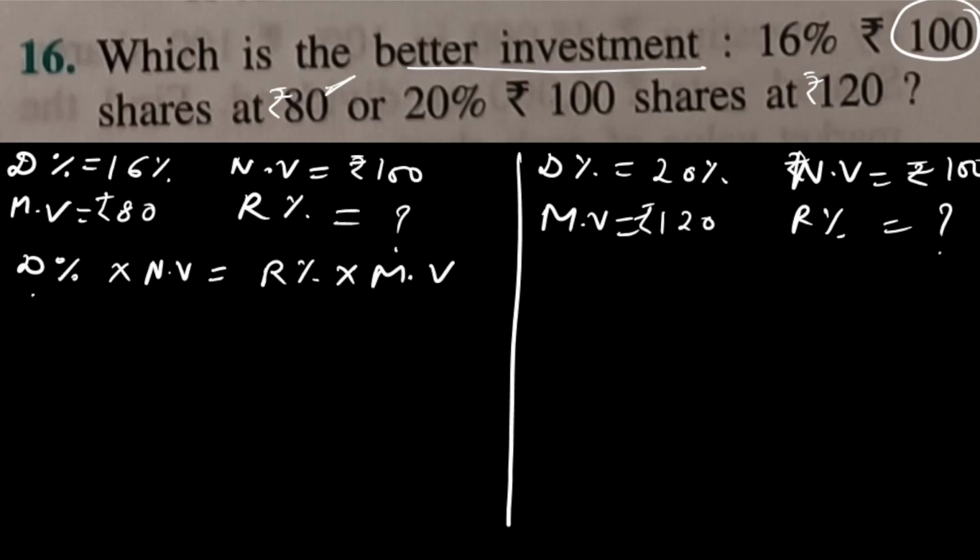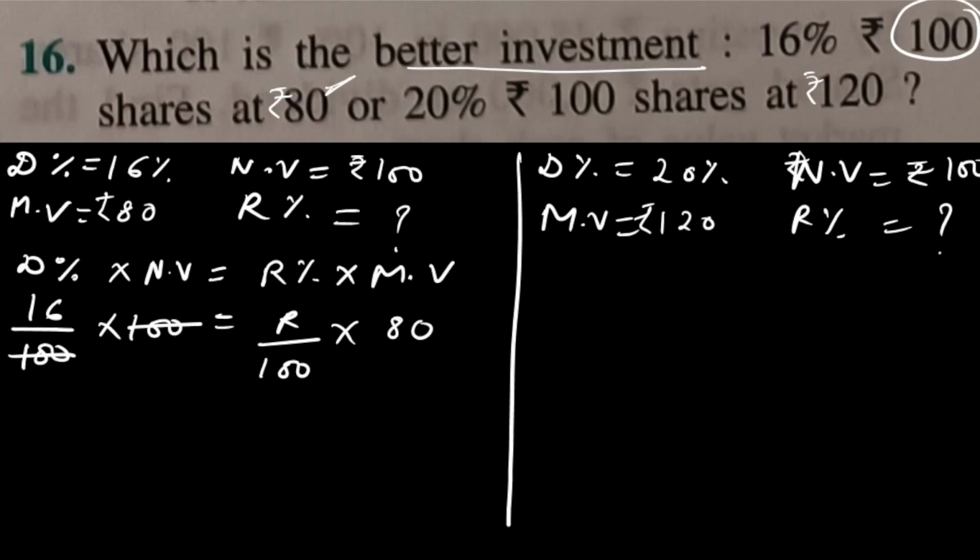I'll just substitute now. This is 16 by 100 into nominal value 100, equals r by 100 into market value, which is 80 here. So these two will get cancelled, 10 and 10 will get cancelled, 2 stable, 2 into 4, 2 into 5. So what I am left with is 16 is equals to r into 4 by 5.